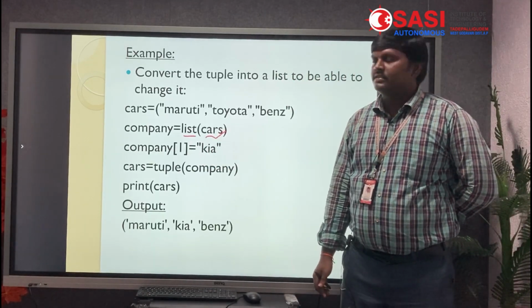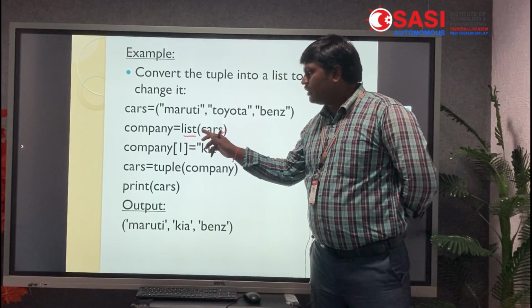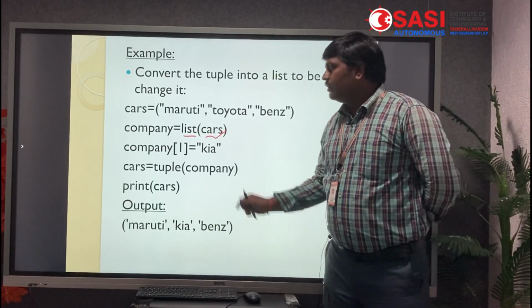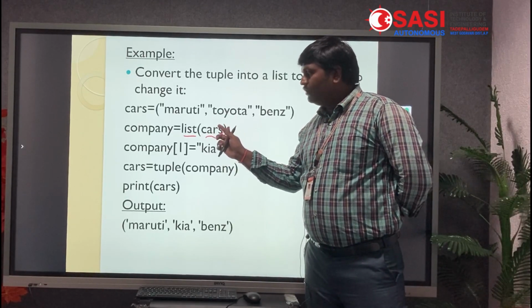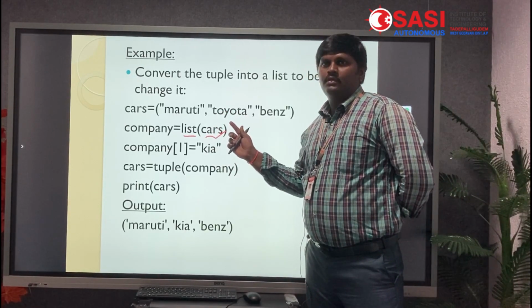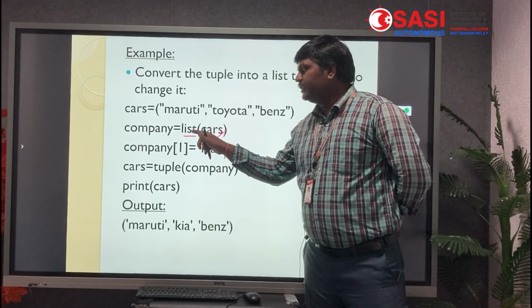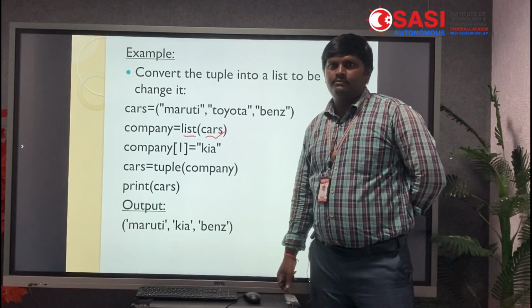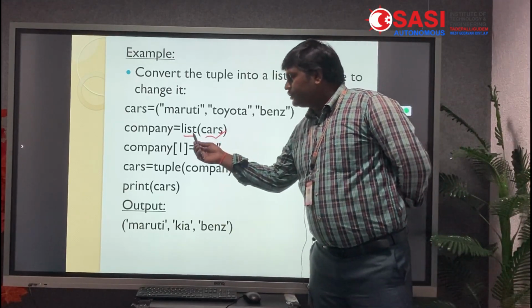This is the process of converting a tuple into a list. If you want to convert a list into a tuple, that is represented here as tuple of list, list of cars.